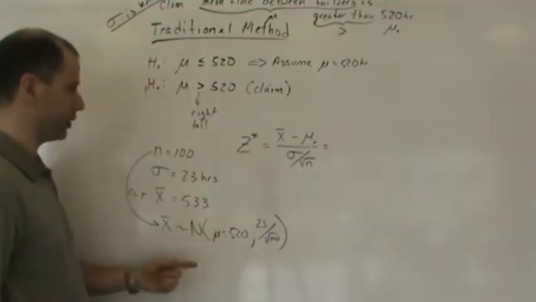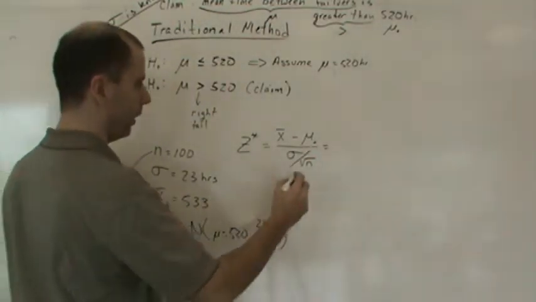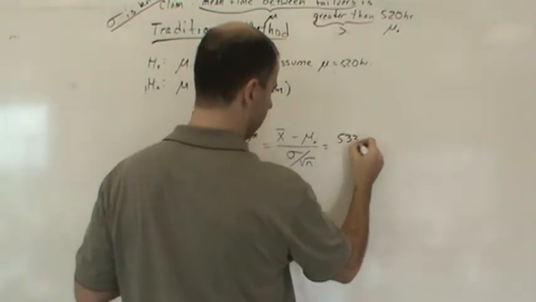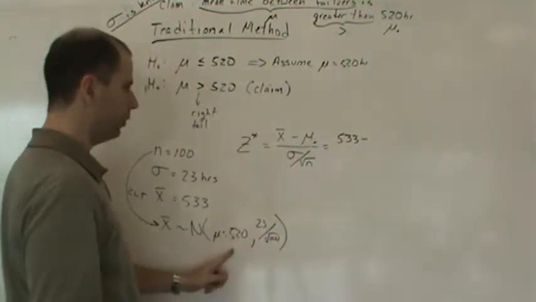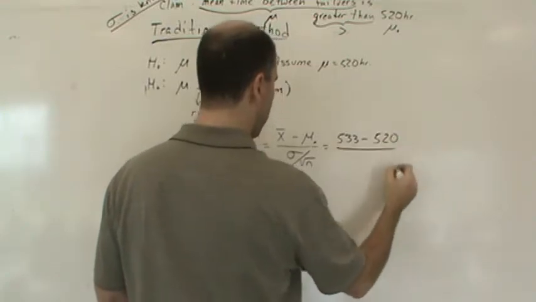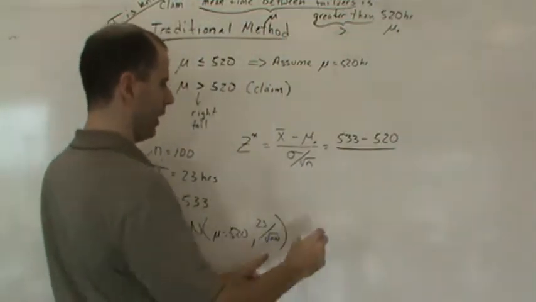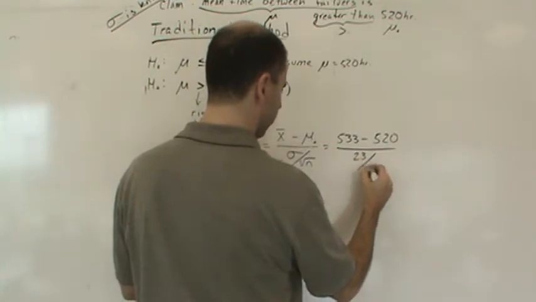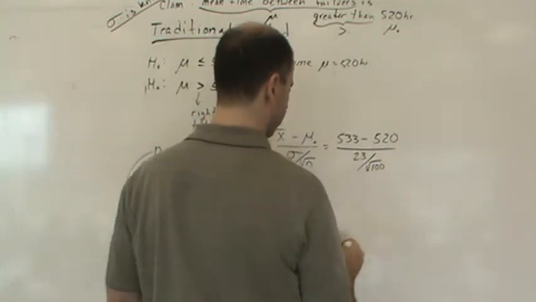Now all we have to do is plug and chug, right? We know x bar, that's 533. Mu is 520 under the null, and sigma over root n is 23 divided by the square root of 100.